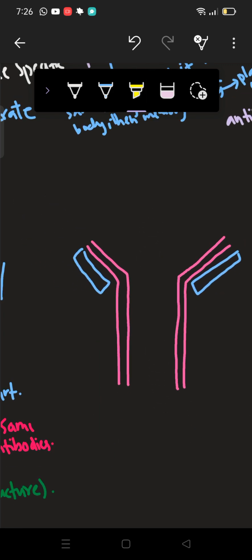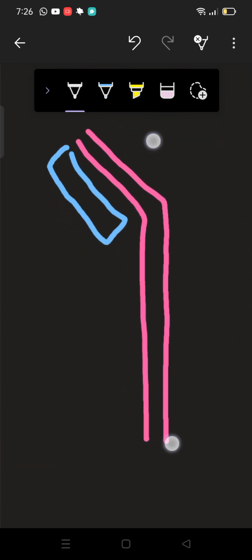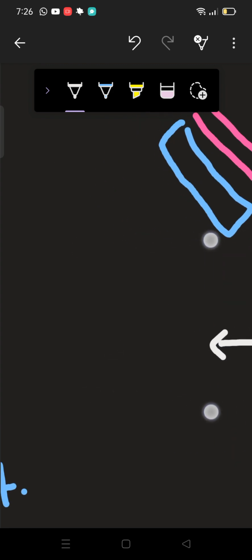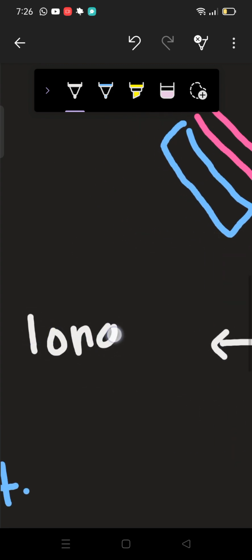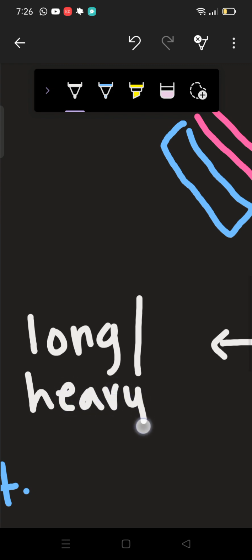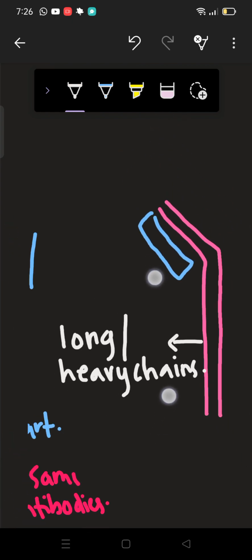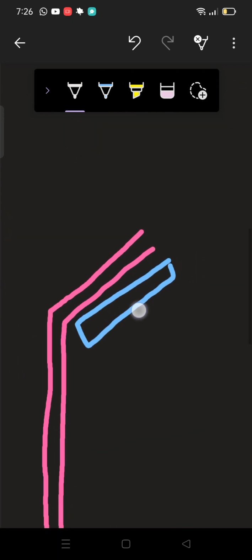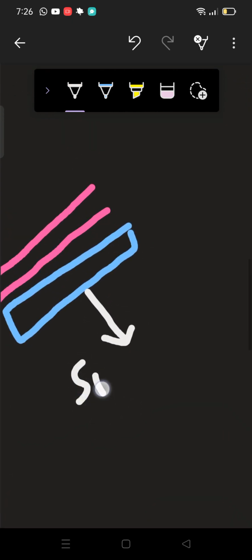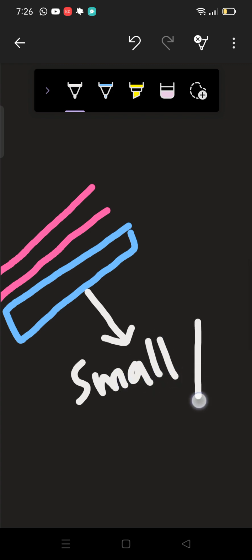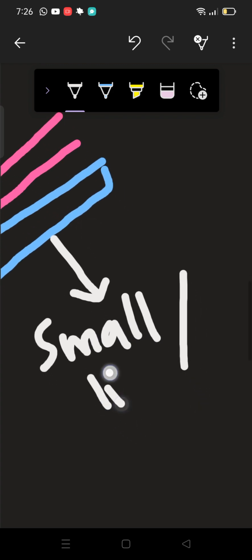Let me label it: these two are long or heavy chains, and these both are small or light chains.